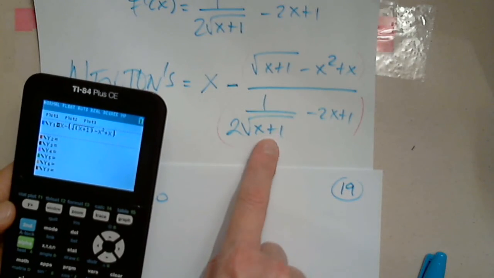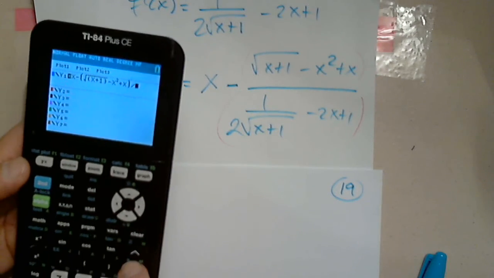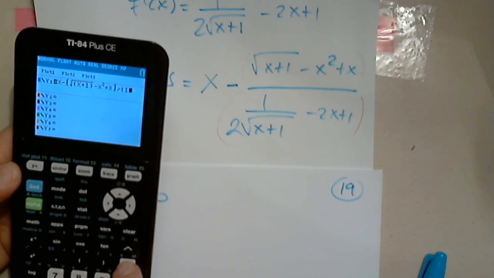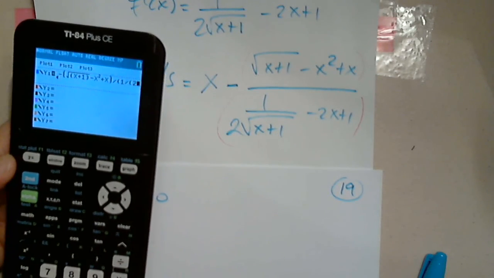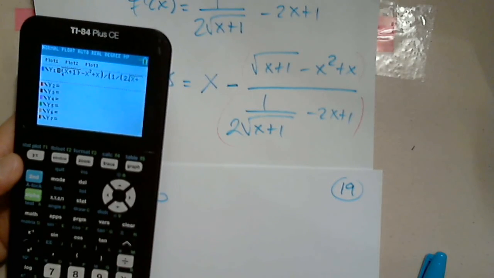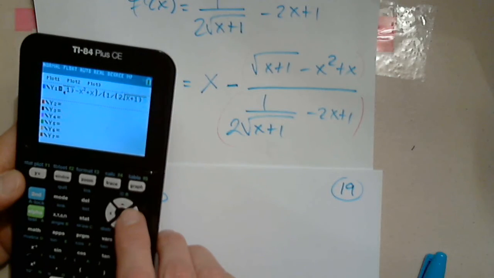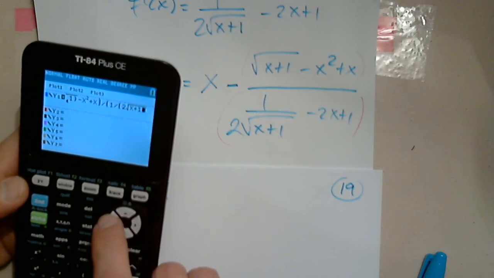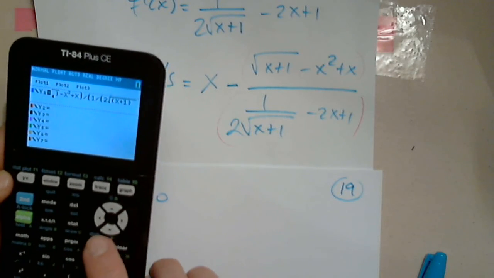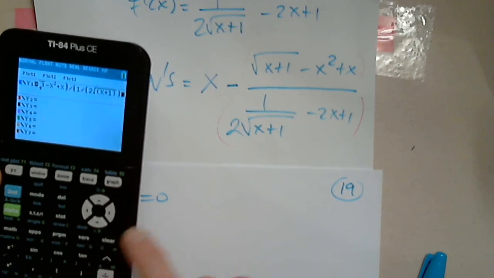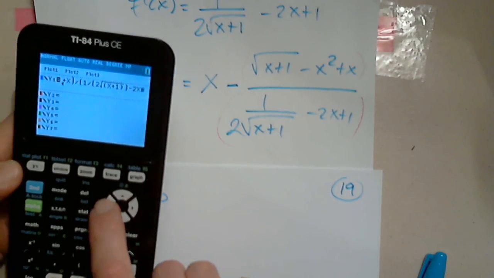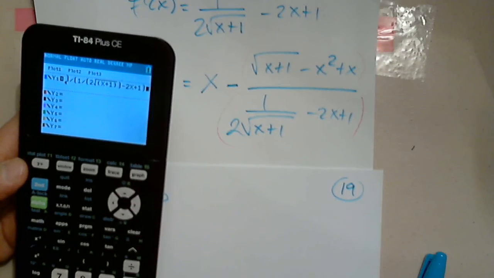So I wrote x minus that over this, divided by, in parentheses, careful with this, 1 divided by, in parentheses, 2 the square root of x plus 1. Close the parenthesis for the denominator. I did not put enough parentheses. And close the parenthesis for the denominator. And then minus 2x and plus 1. Oops, plus 1. And close the parenthesis.